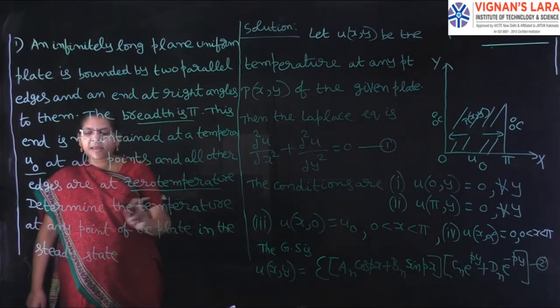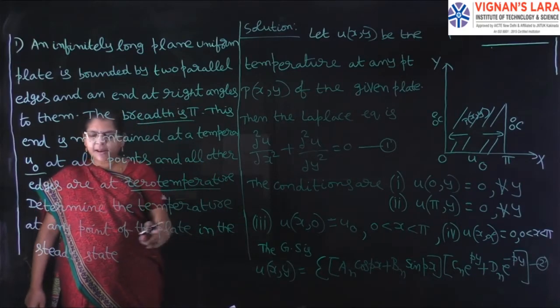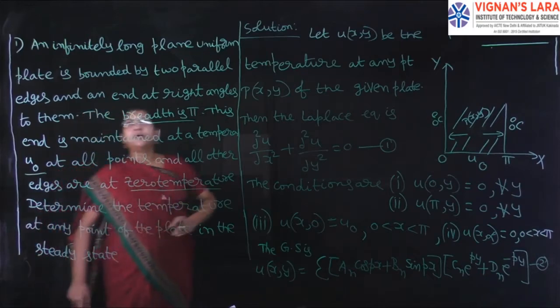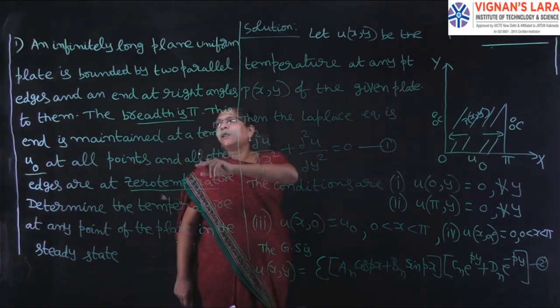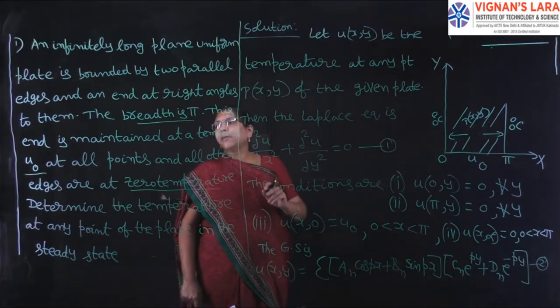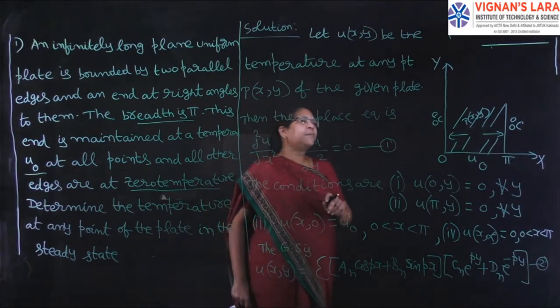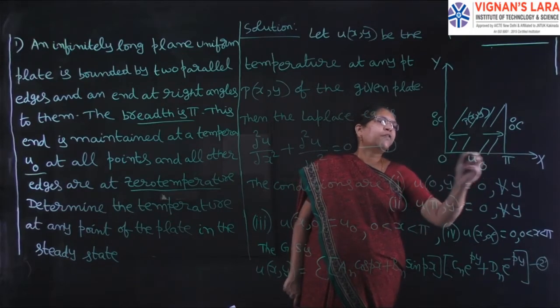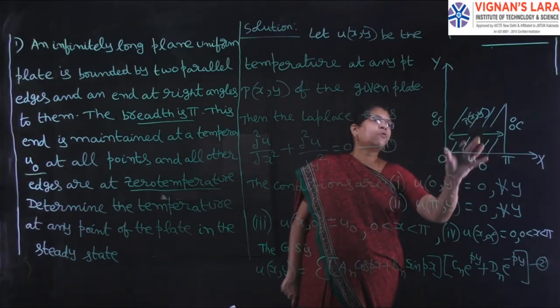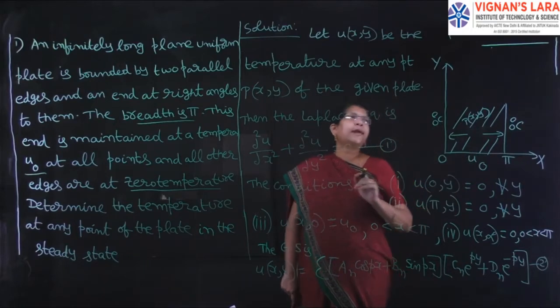Determine the temperature at any point of the plate in the steady state. Given that the breadth is pi and one end is maintained at a temperature U0 and the other two parallel edges are maintained at 0 degree centigrade temperature. Okay, 0 to pi. This end is at right angles to the other two edges.